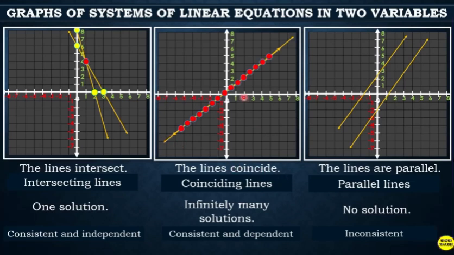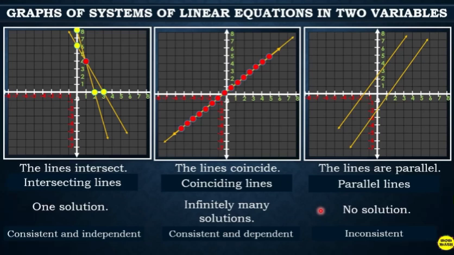So that is coinciding lines and the system is consistent and dependent. Now, when we say parallel, since they do not intersect, wala siyang point of intersection, therefore, there is no solution and that is inconsistent. Okay, so this is what we discussed doon sa ating previous video tutorial.